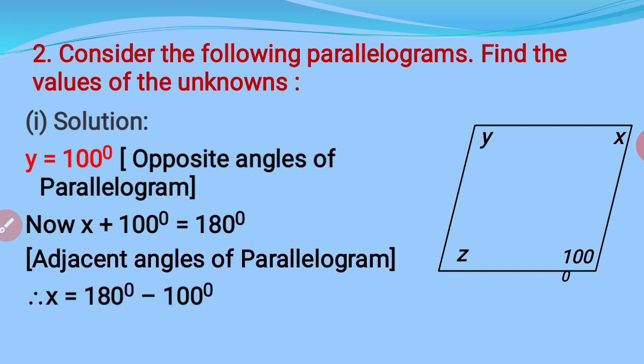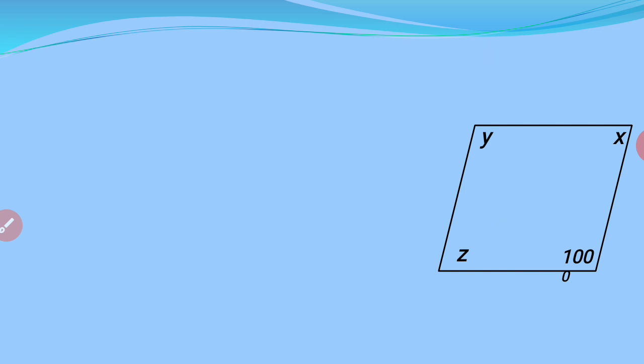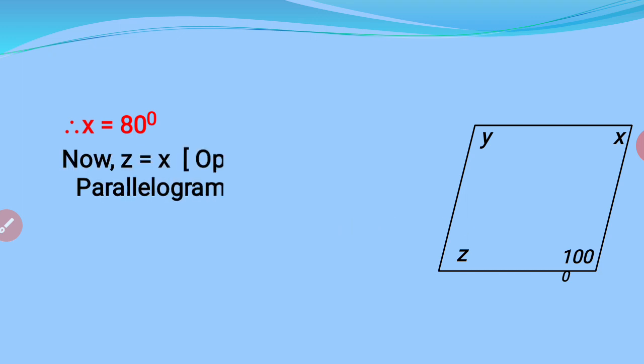We further solve it to get the value of x, which is nothing but equal to 80 degrees. Now once x is known to us, it is very easy to find out z, because z and x are opposite angles of the parallelogram and they are always equal. So z also comes out to be 80 degrees.